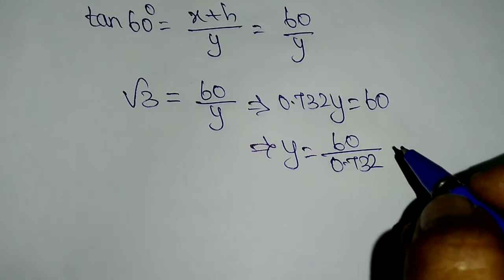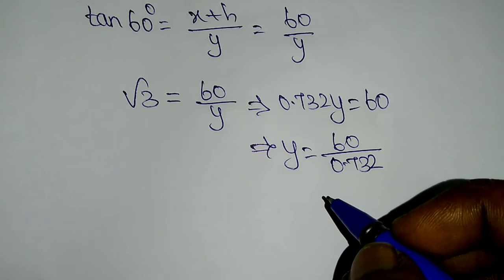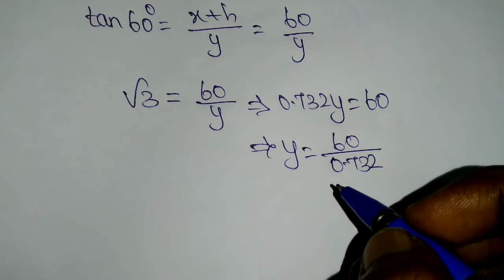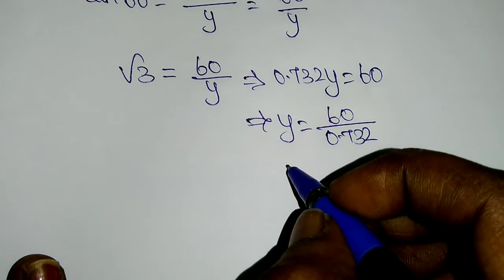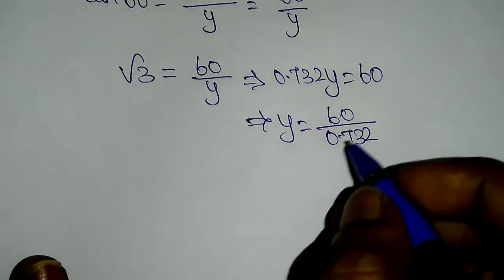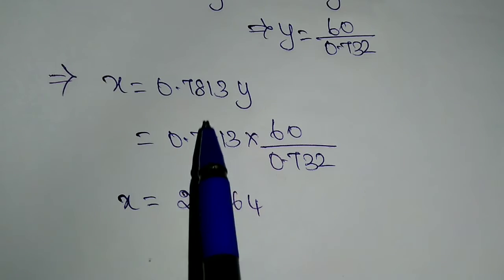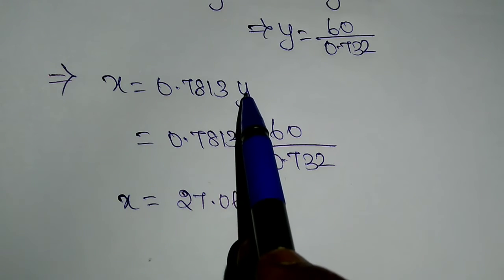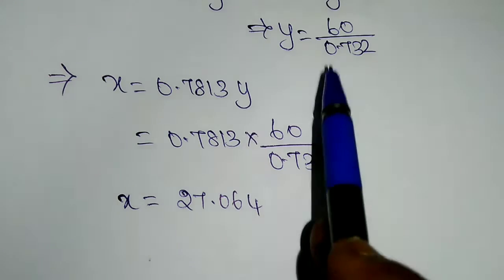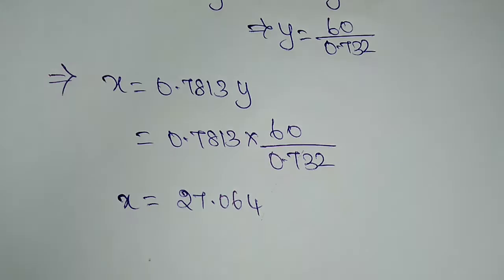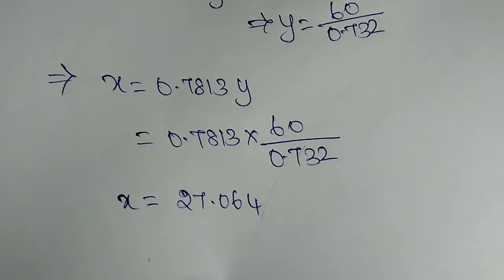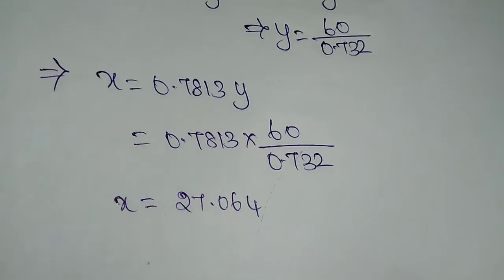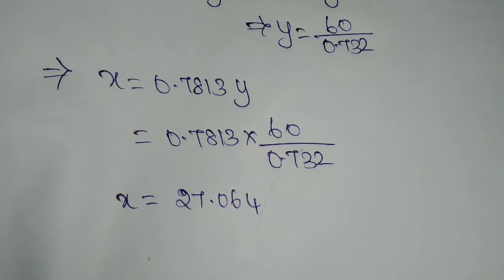We are going to get the value of x. X is equal to 0.7813 into y. So here y value is 60 divided by 0.732. Now we cancel it and get the answer as x is equal to 27.064.